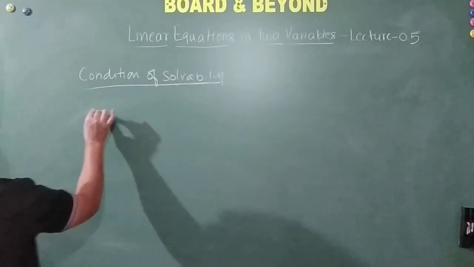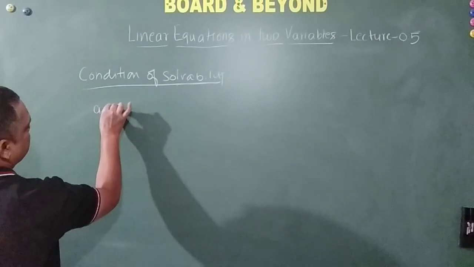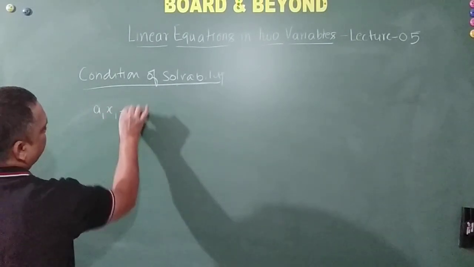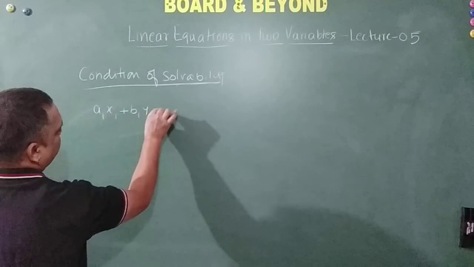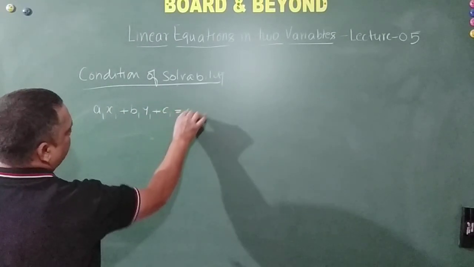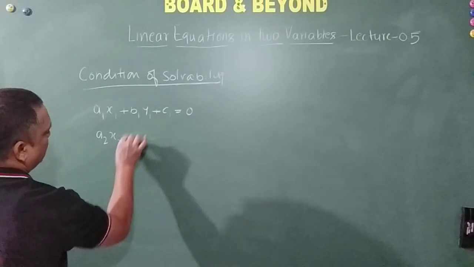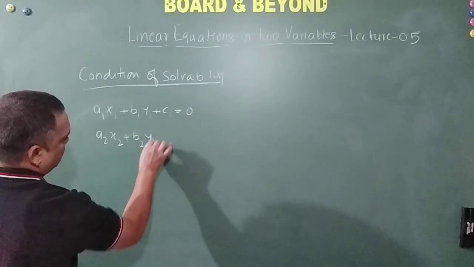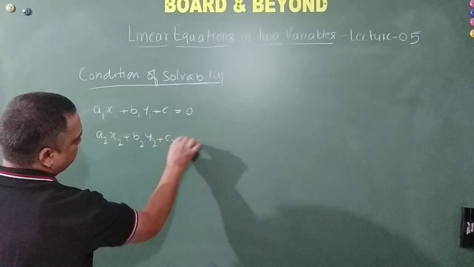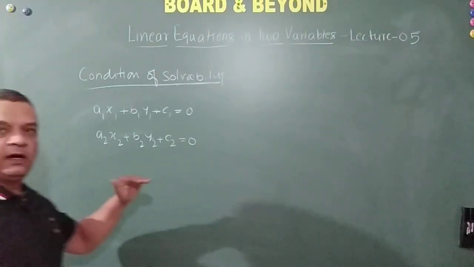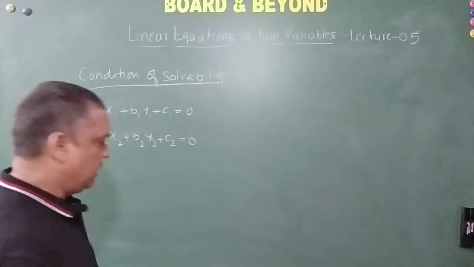So let's take two equations in general form. This is the generic form of a linear equation.